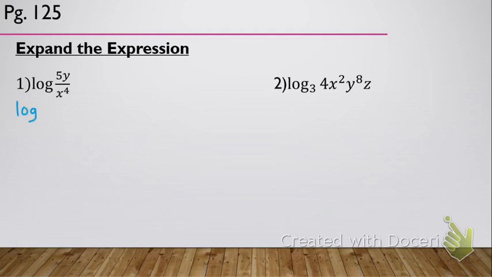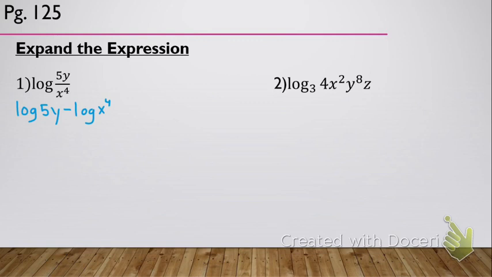So we just do log of 5y, everything in the numerator, minus the log of x to the 4th, everything in the denominator, okay? So just like the quotient property says, log of a fraction, we take log of the numerator minus log of the denominator, okay?